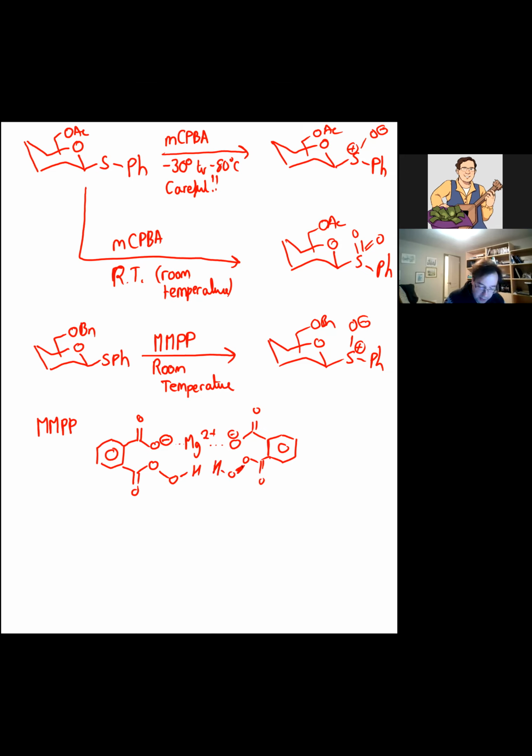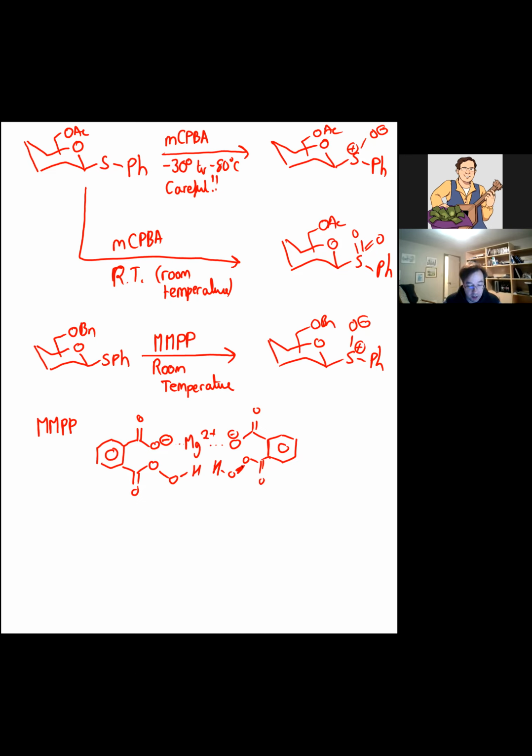Now, if you swap that magnesium salt for some other ion, it becomes more reactive. So magnesium attenuates the reactivity of this agent, makes it less reactive, so it doesn't oxidize the sulfoxide to the sulfone. Your guess is as good as mine.